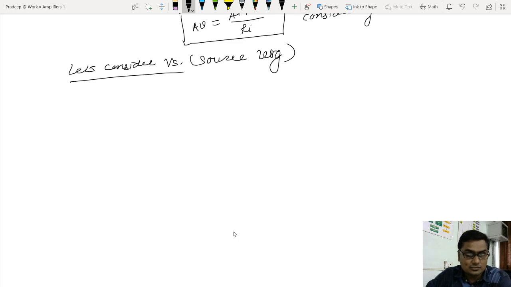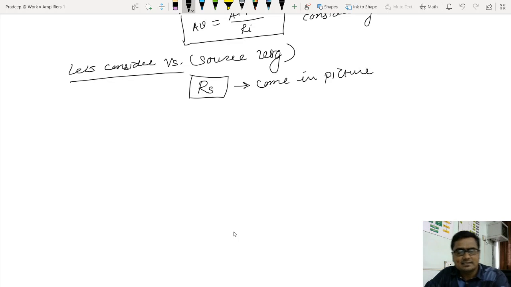Now if I consider source voltage, then obviously Rs will come into the picture. Why is it coming into the picture? Because Rs is the source resistance, the resistance or impedance offered by the source. So what we do?